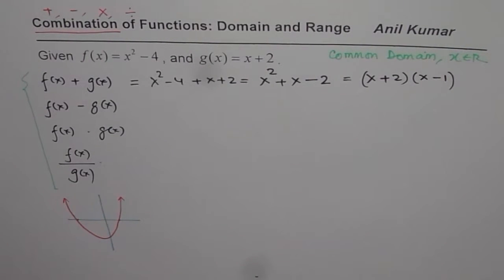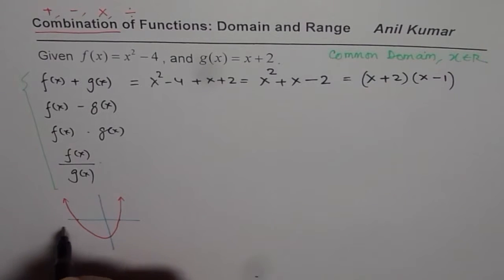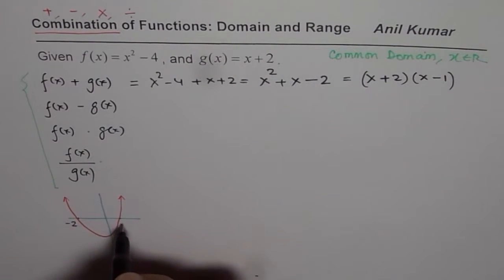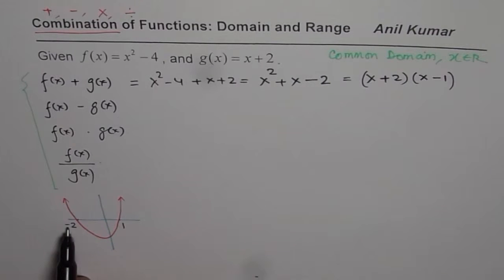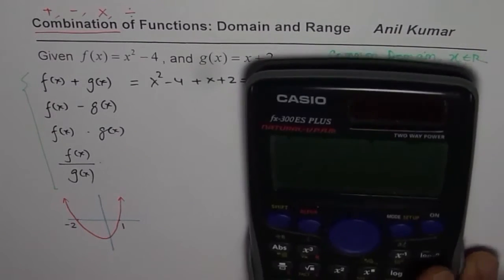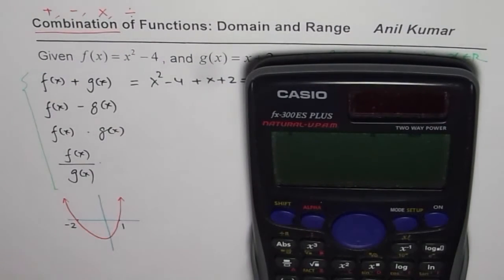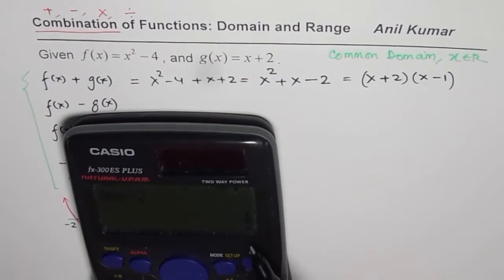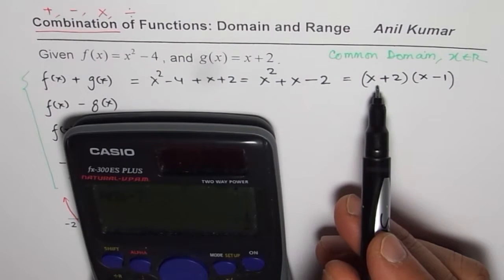The axis of symmetry in this case will be minus 2 plus 1 divided by 2, which is minus half. So at minus half we have the vertex.